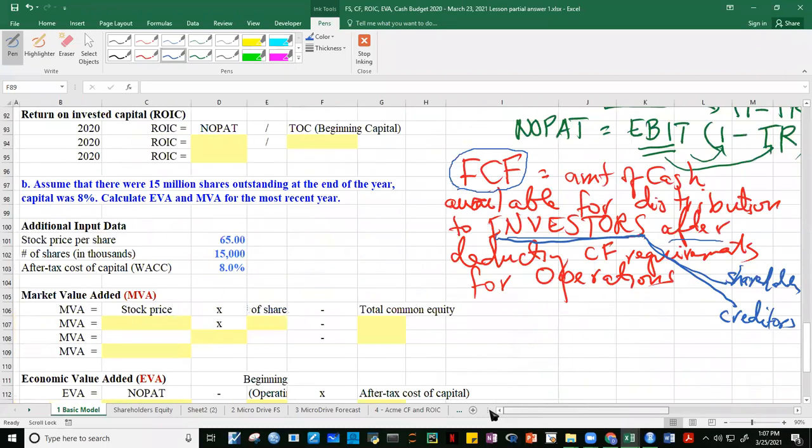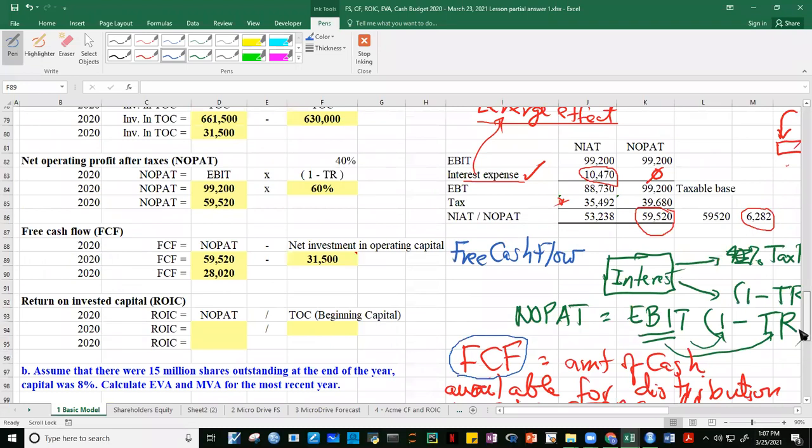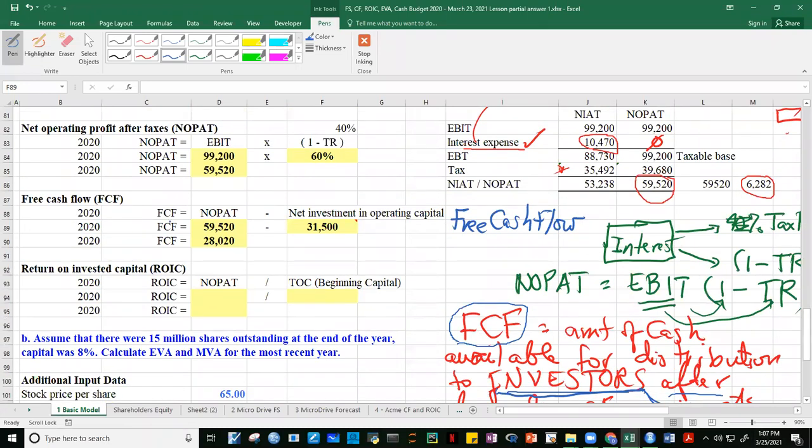Okay, let's take a look at how free cash flow was computed. Di ba sabi natin dito, ito si free cash flow, it's equal to, so we start with NOPAT, net operating profit after tax. Tapos ito yung tinanggal na natin yung interest expense, di ba? And then from your NOPAT, which is 59,520, pero teka muna, ibawas muna natin yung kailangan para sa operating capital.